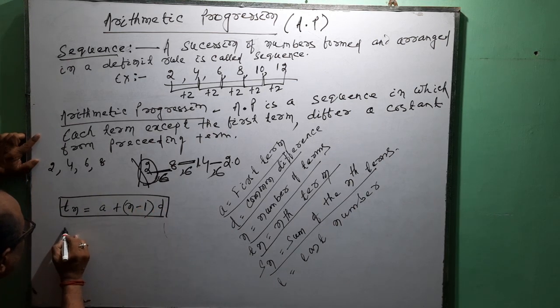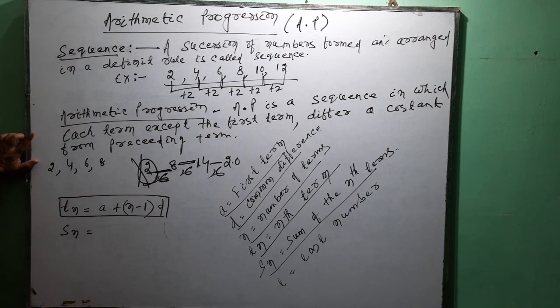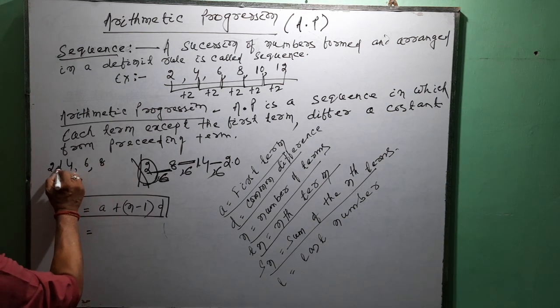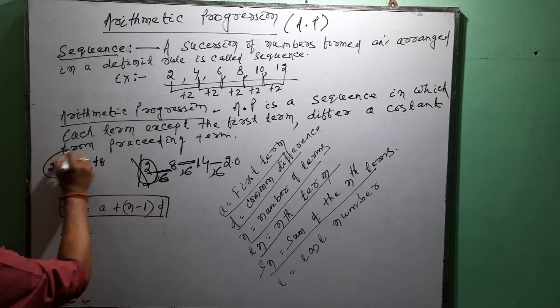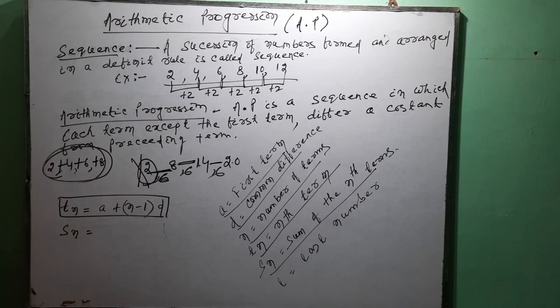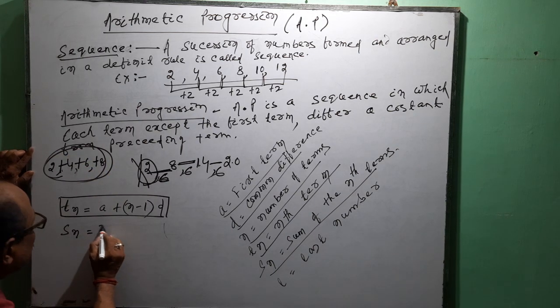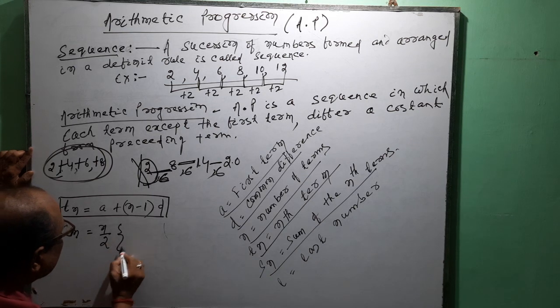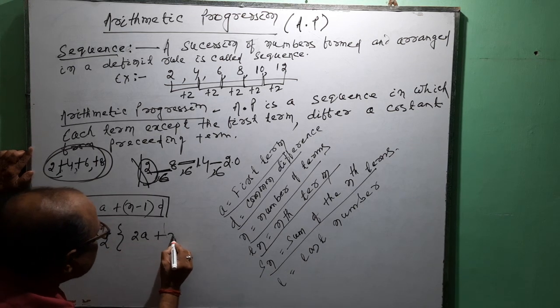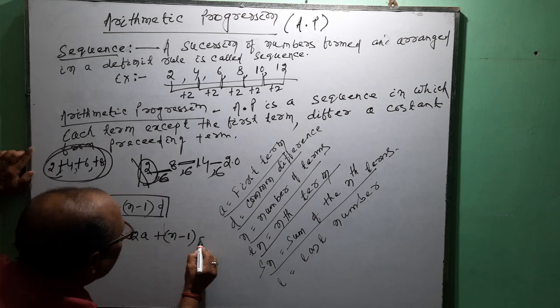Next we move to Sn. Sn is the sum of the n terms. So Sn is n by 2 whole into 2a plus n minus 1 whole into d.